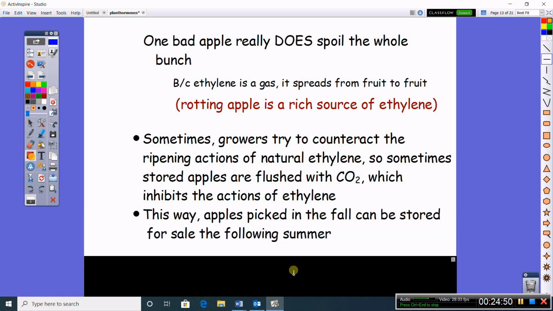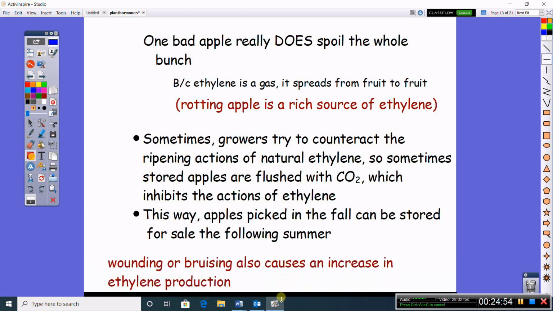This way, apples picked in the fall can be stored for sale the following winter. And wounding or bruising also causes an increase in ethylene production. That's why when you're picking your fruit out, you want to try to avoid picking fruit that is wounded or bruised, because it will cause more ethylene to be produced, which means the fruit will rot quicker.